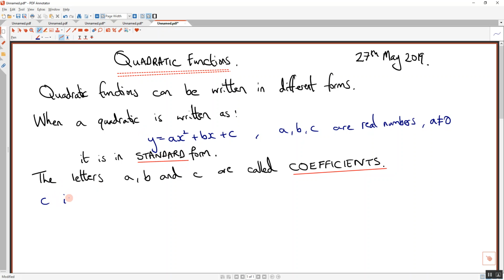The letter C is also called, and we're going to refer to it as, the constant.